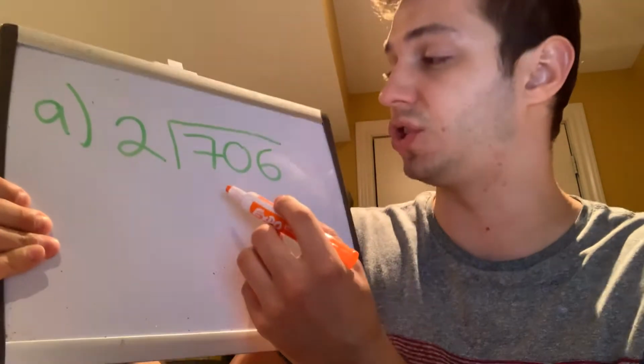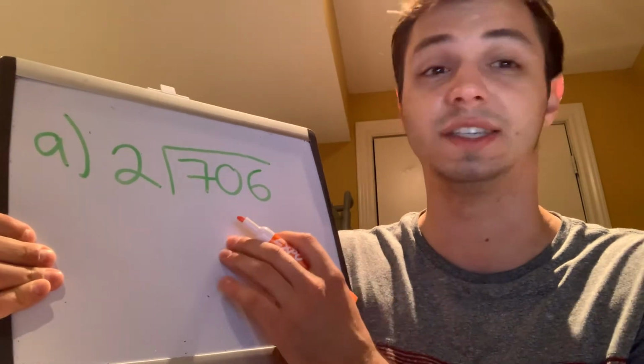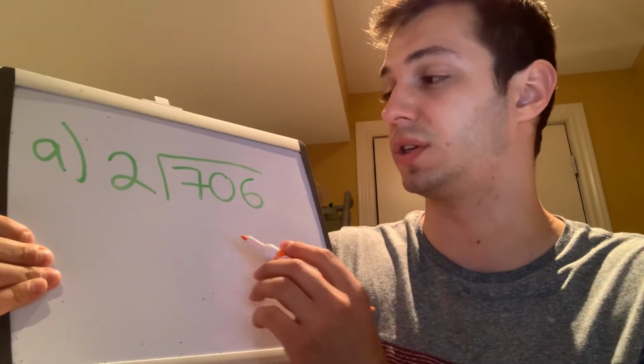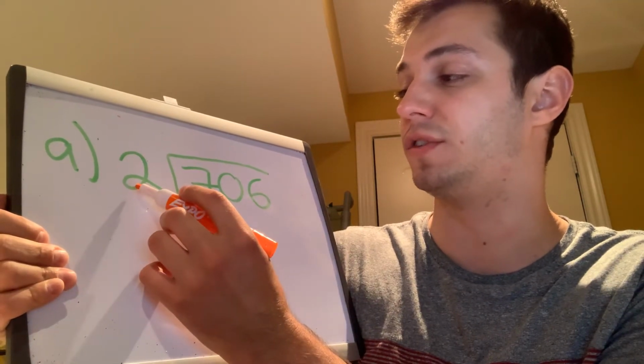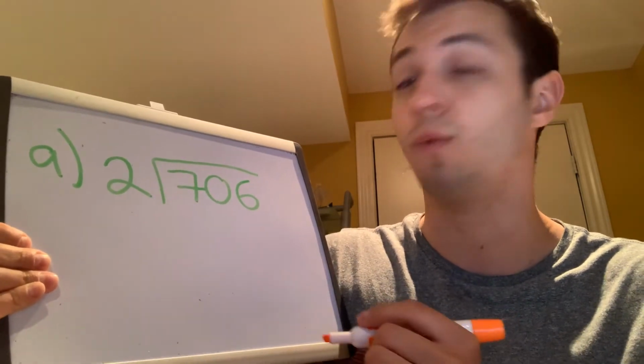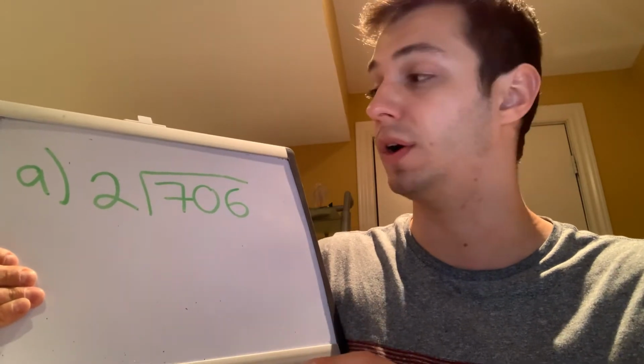We have 706 and we're dividing it by 2, right? So we're doing a division question. Our first step is going to be to figure out if 2 can divide into 7. It can't. Well, it can, but it will have a remainder. But that's okay if it has a remainder, right?